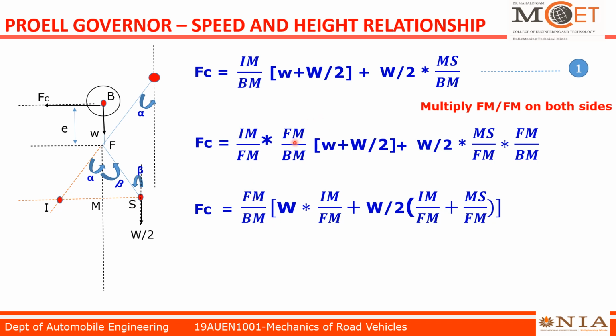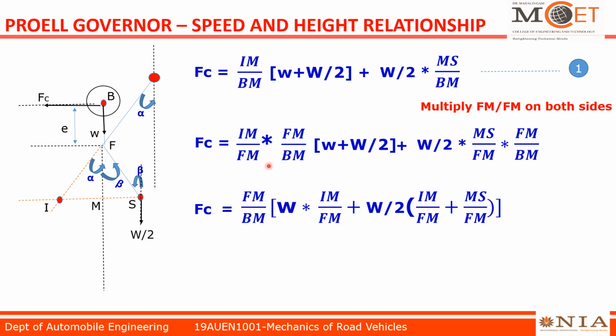So Fm by Bm equal to small w into Im by Fm plus W by 2. I just make this W by 2 common, Im by Fm plus Ms by Fm, because this Im by Fm will be like this here, Ms by Fm into Fm by Bm here. So here it becomes Im by Fm plus Ms by Fm.